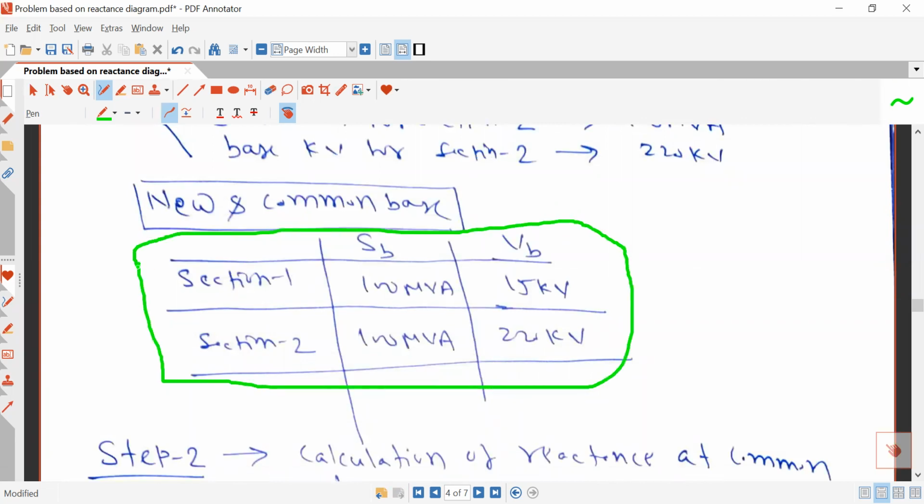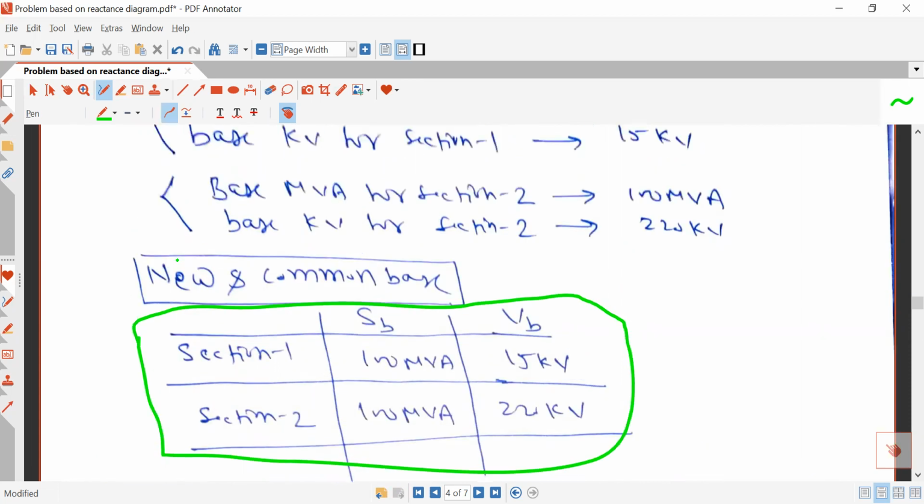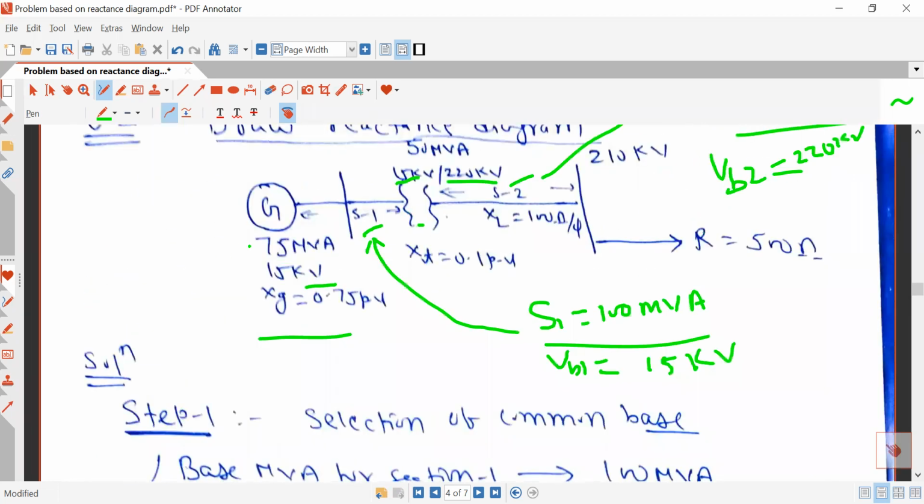Now on this base you will have to convert each and every reactance. You must remember, on a block diagram this reactance value is given, but the base value is this. This reactance of the transformer is given, but the base value for this reactance is this.